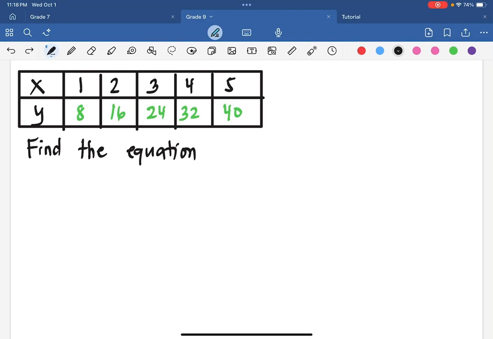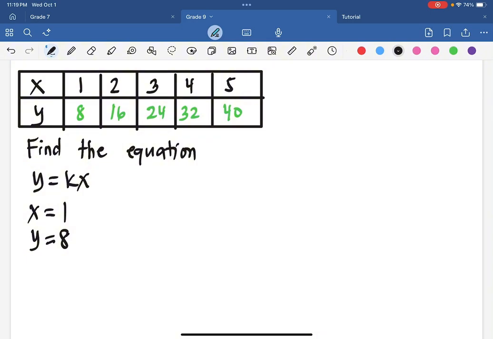Now, what if we're given a certain table of values of x and y, and our task is to find the equation? All we need to do is to rely on the given formula or form of the direct variation, which is y varies directly as x. So if you want to use 1 here as our x, then we need to use 8 for y, the corresponding values to what are given.